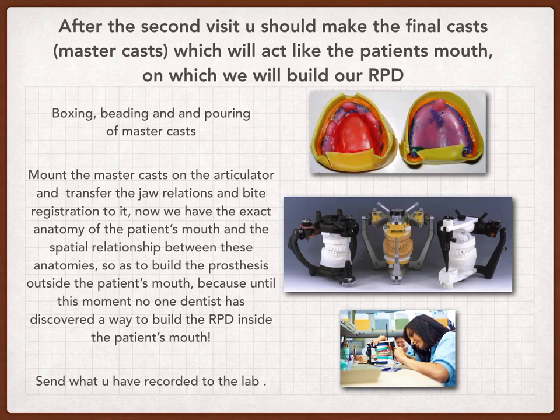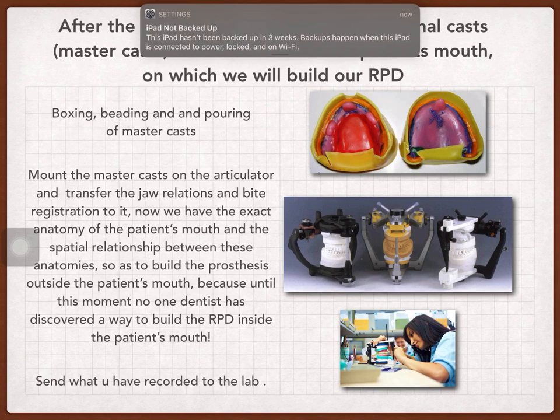As we can see here in the middle picture, these are articulators. The articulator is an instrument that will copy the TM joint and will connect the two casts.